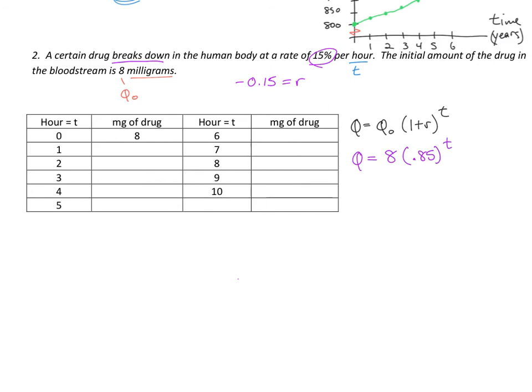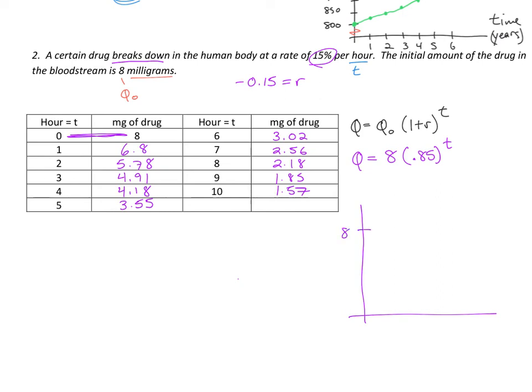Go ahead and see if you can fill in these results and round your numbers, the number of milligrams left, to the nearest hundredth, aka 2 decimal places. So here are the numbers I got, and before I go over that, we can graph this with the initial amount again being on the y-axis.